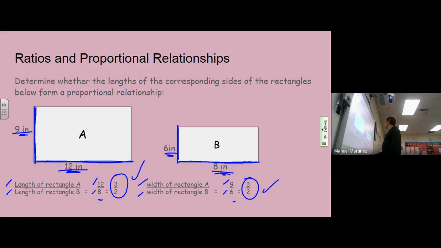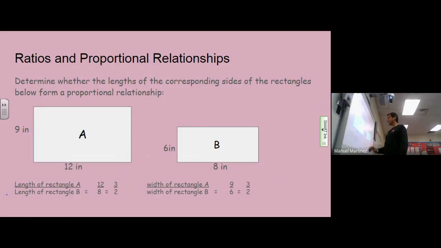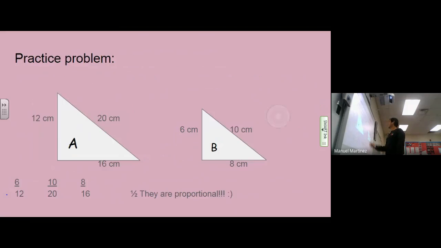Okay, so if we have no questions, I'm going to move on. So now, this is the next problem. Go ahead and sketch those triangles. I'll give you a minute to sketch, and then we will work with it, okay?